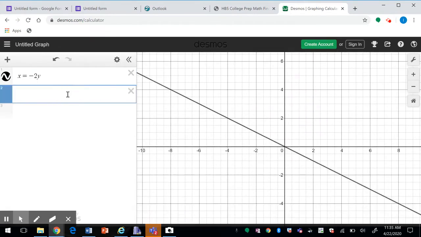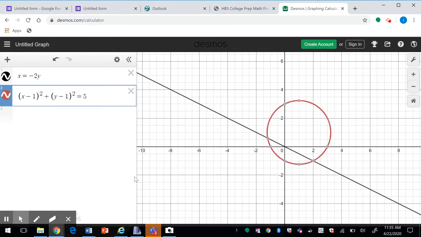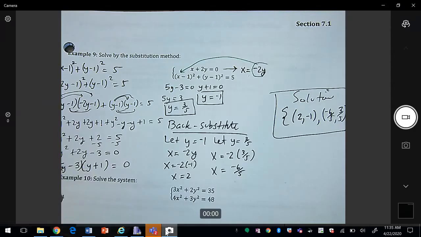And then our circle is x minus 1 squared plus y minus 1 squared equal to 5. So where the lines intersect, we have negative 1.2 and 0.6. And you have 2 and negative 1. So these are the 2 answers that we got when we worked it out on our paper.